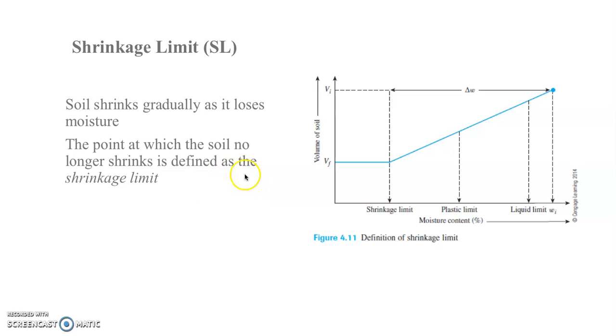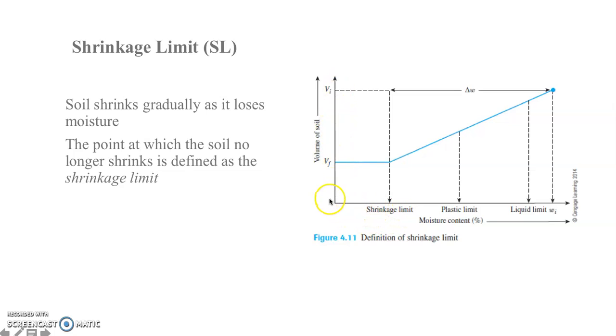However, there is a certain point at which the soil will no longer shrink, meaning it approximately obtains its peak, and that is now defined as the shrinkage limit. So we have here our illustration for the shrinkage limit.